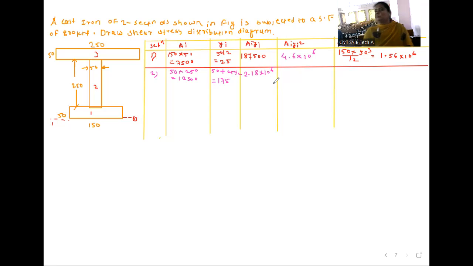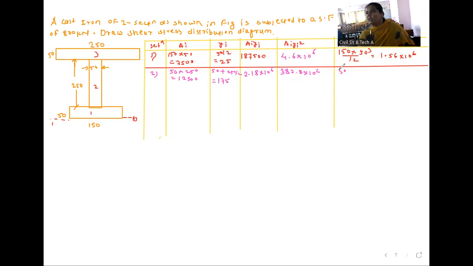ai yi square, 382.8 into 10 raised to 6. I self, that is bd cube upon 12.